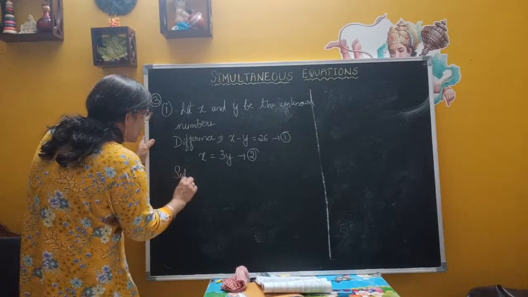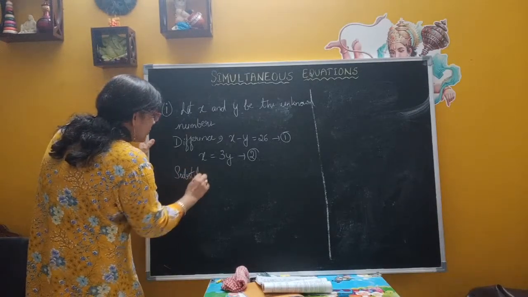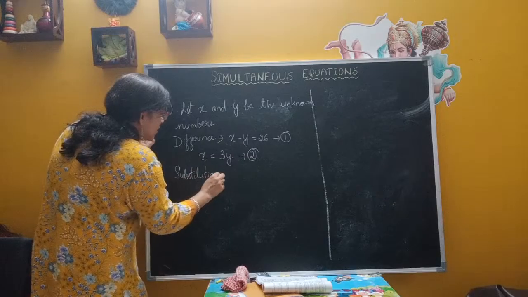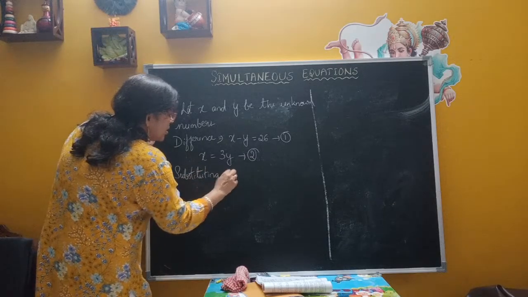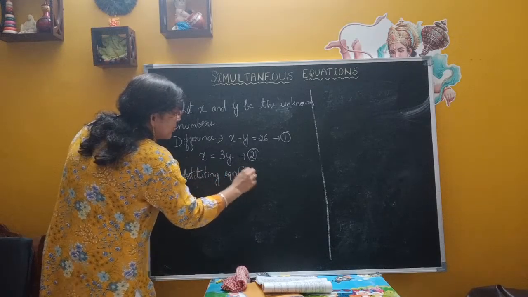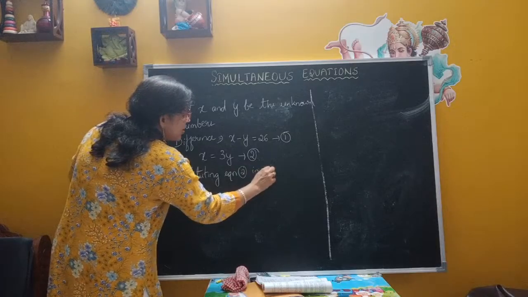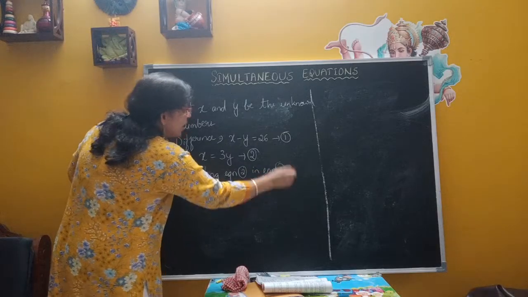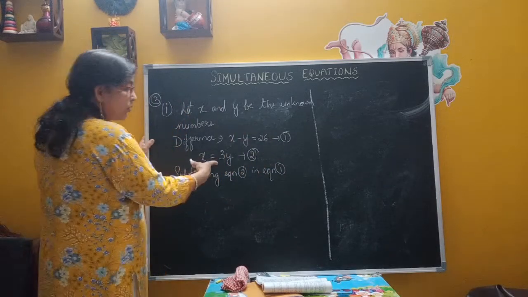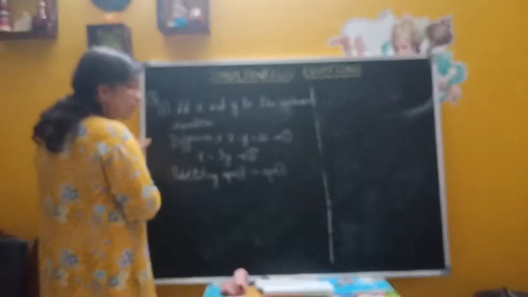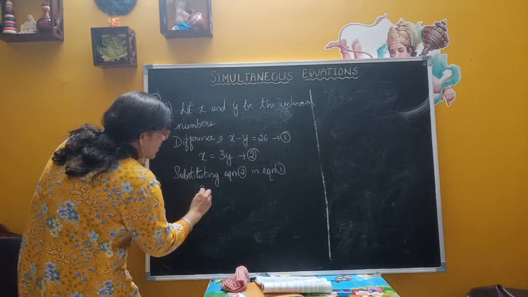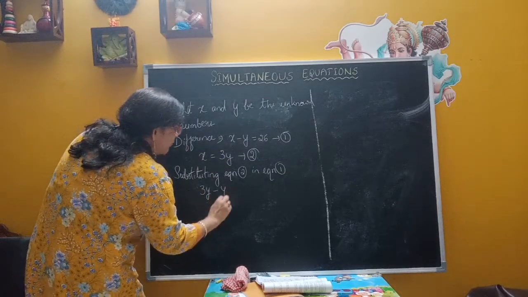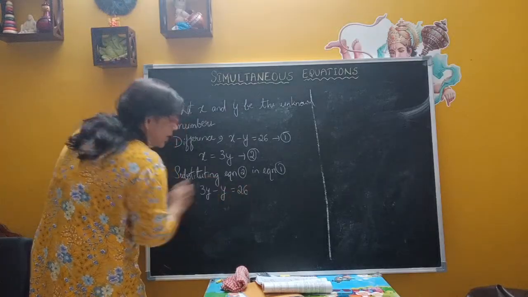Substituting equation 2 in equation 1, in the place of x we need to write 3y. That is the meaning of substitution. So we write 3y minus y is equal to 26.